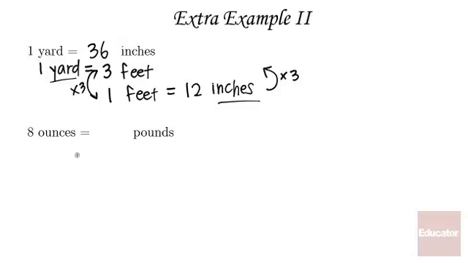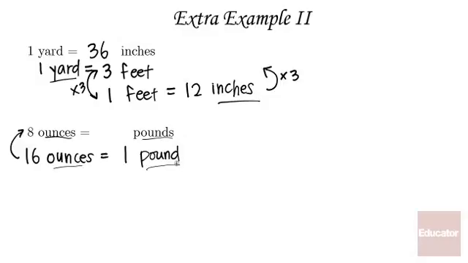Now, ounces to pounds. I know that 16 ounces is equal to 1 pound. So how do you get from 16 to 8? Once the units are the same, you can just convert it back over.